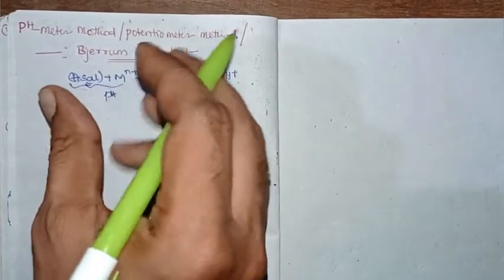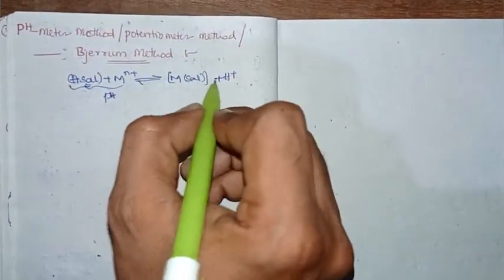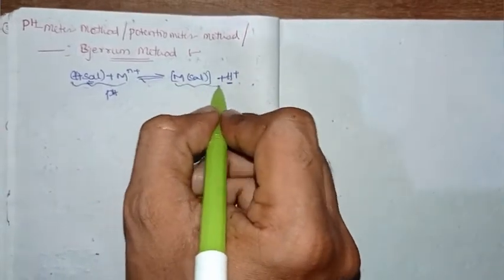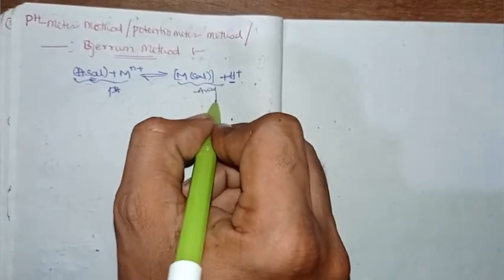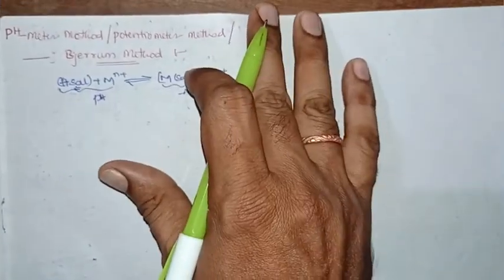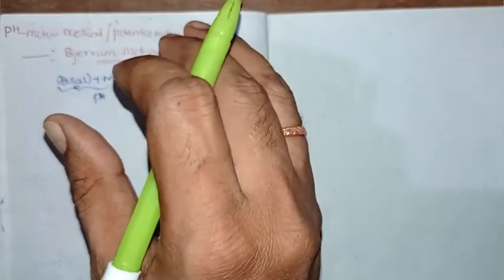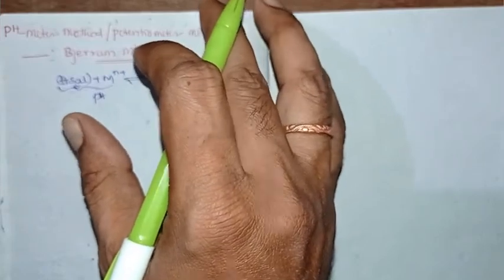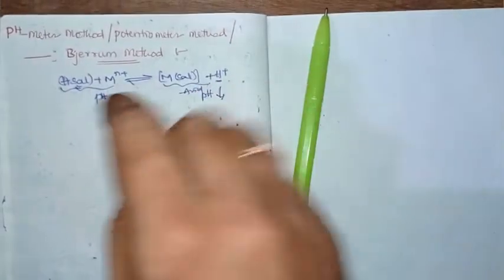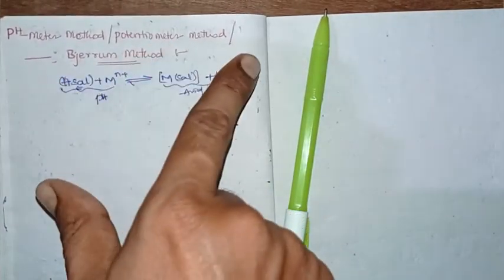It would be on the basic side, basic in nature, but after complexation and liberating the proton, it will become acidic in nature, and its pH will decrease. So when a ligand is complexing with metal, its pH value will decrease because it liberates the proton.